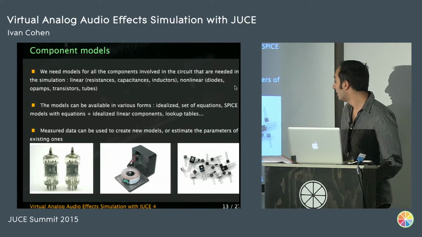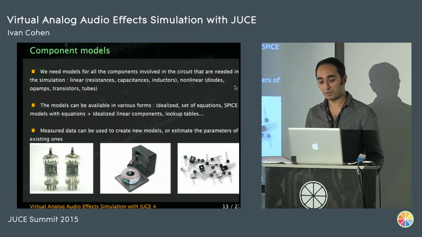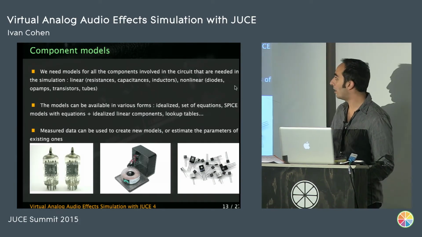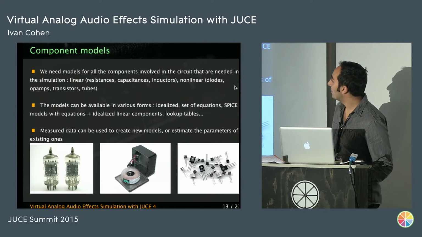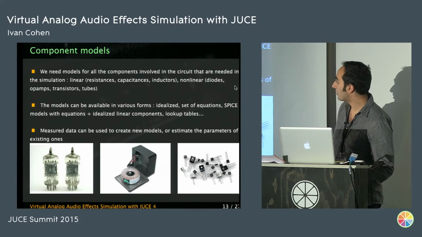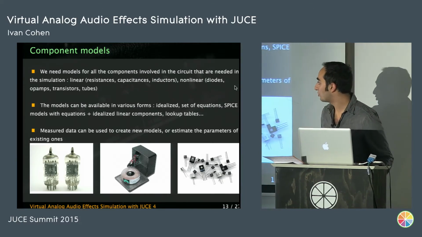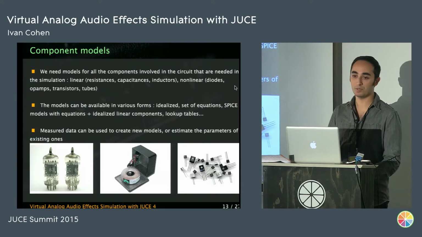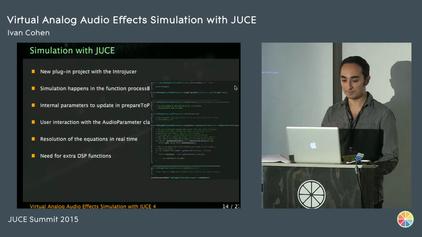And as I said before, we need some mathematical models for all the components, like resistances, capacitances, inductors, output transformers, and having measurement devices in the real world is very useful for that.